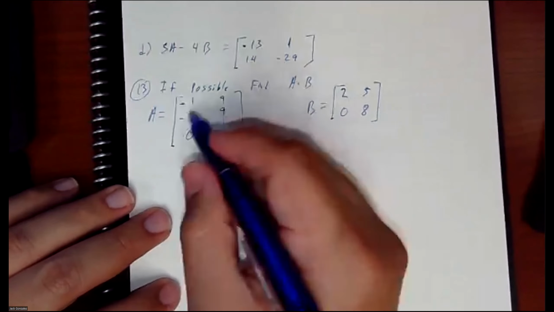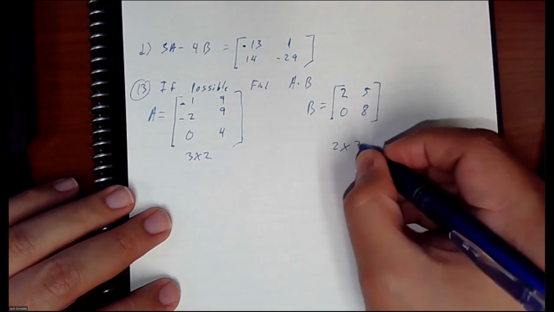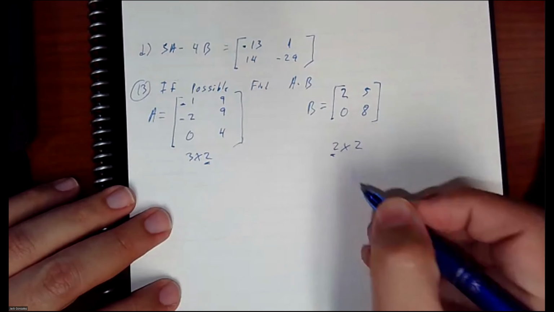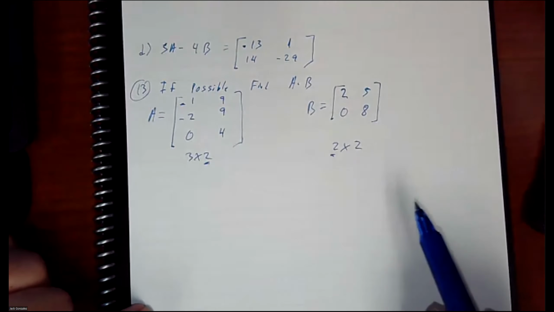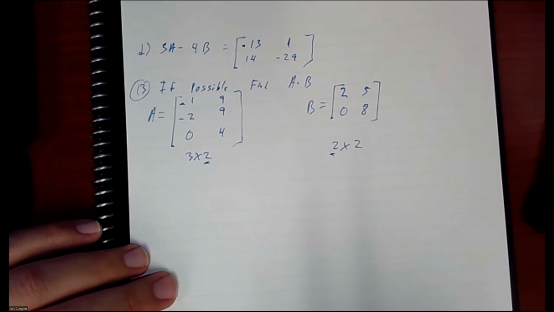So this is a 3 by 2. This is a 2 by 2. So if these match, then it is possible. If they do not match, then you can't do it.